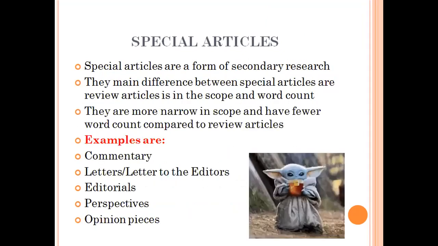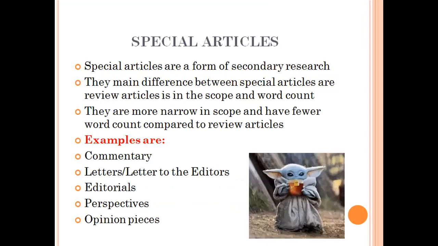Now, special articles are more focused. Like I said earlier, they are a form of secondary research. The main difference between special articles and review articles is the scope and word count. They are very narrow.